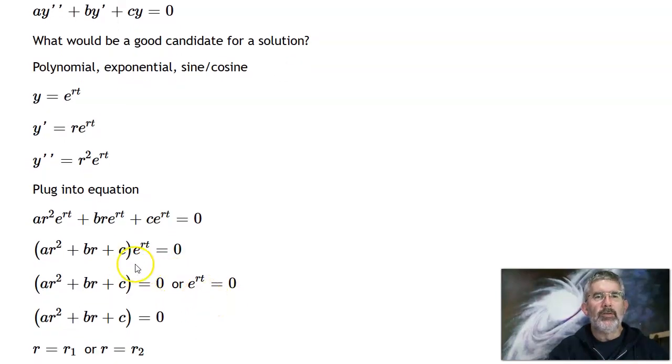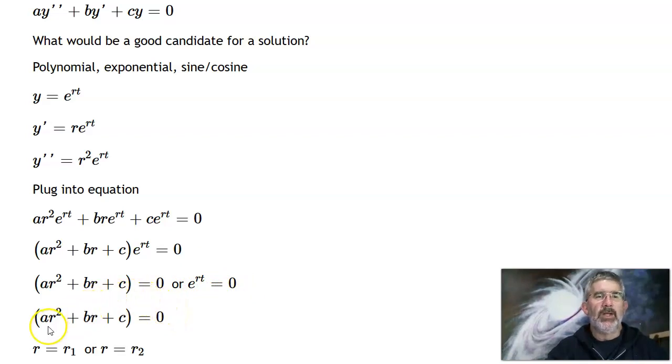But now I've got a product of two things equaling 0, and I know how to handle products equaling 0, because there's only one way to do it. If you've got two numbers that multiply to be 0, one or the other, or both, have to be 0. So either this thing in parentheses is 0, or that exponential is equal to 0. But the exponential is never equal to 0, because e to a power is going to be a positive number, not 0.